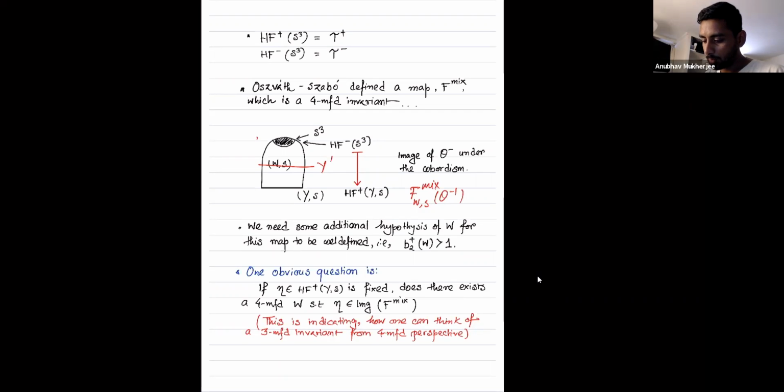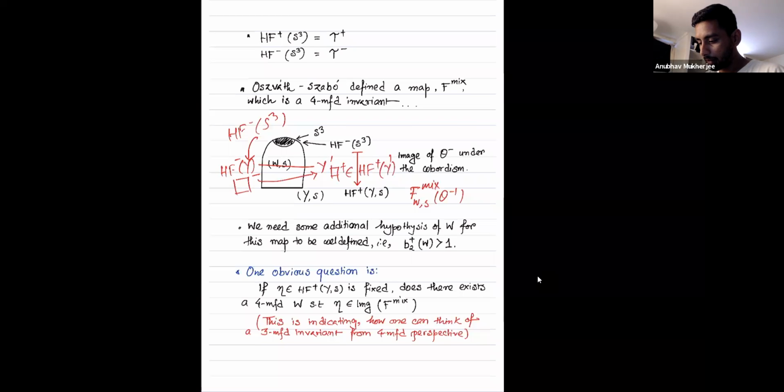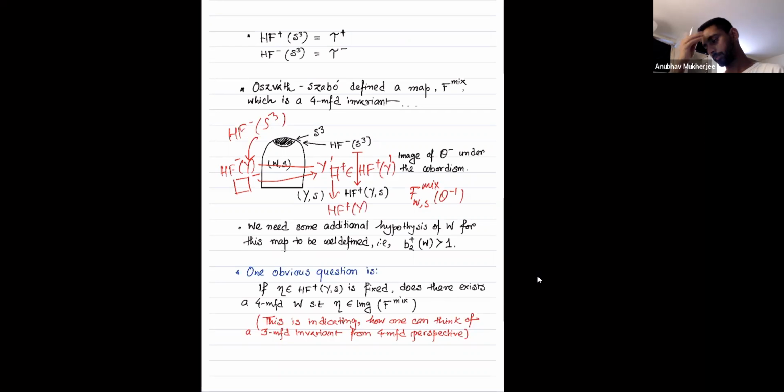So it comes from HF minus of S3 to HF minus of Y, and that is actually factoring through the minus version of the box to the plus version of the box, and then it lands in HF plus of Y prime, and from here it goes to HF plus of Y. That's the reason the box is important, because this mixed map actually factors through it.